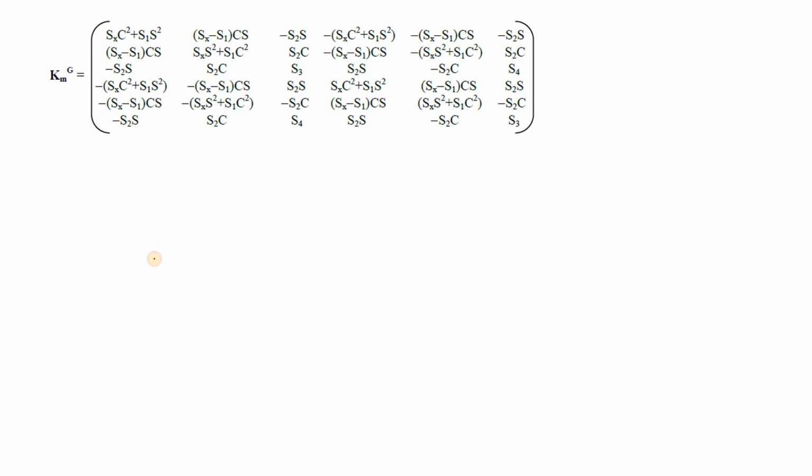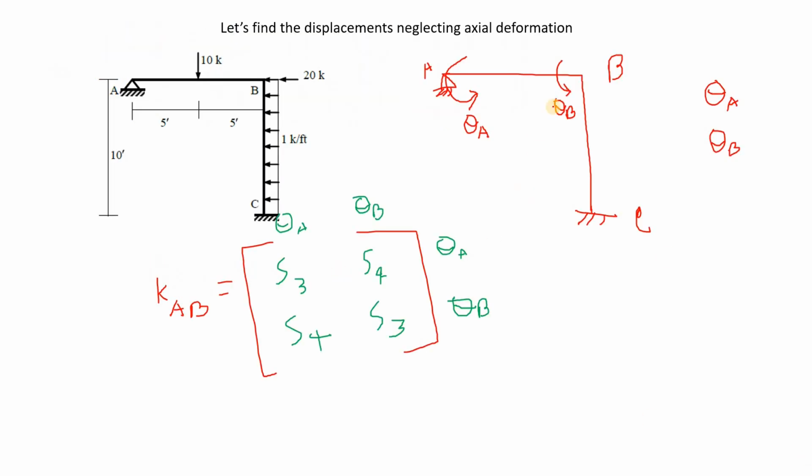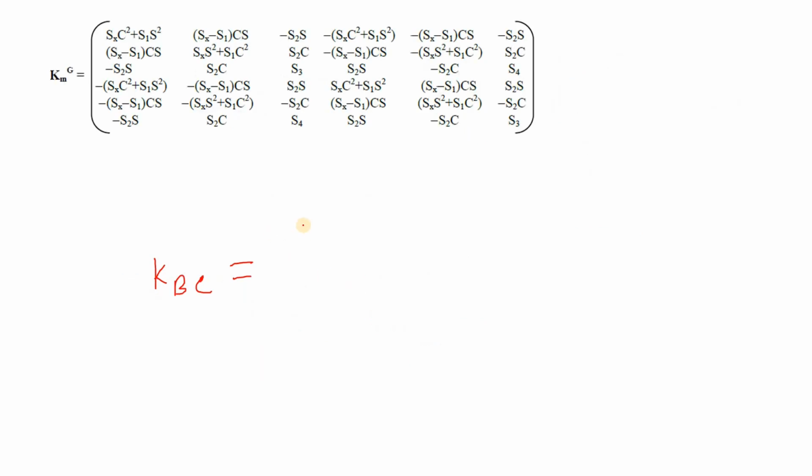If we write out again, KBC equals, you can see at BC member there's only one unknown, only one deflection, that is theta B. So there is going to be theta B by theta B. So that's going to be a 1 by 1 matrix. There we go.